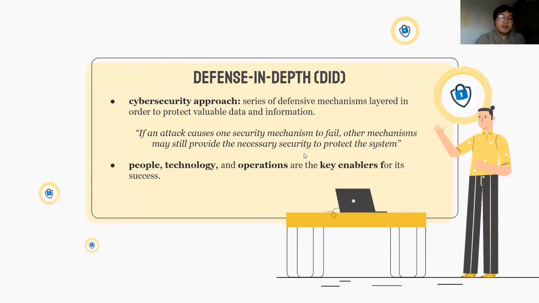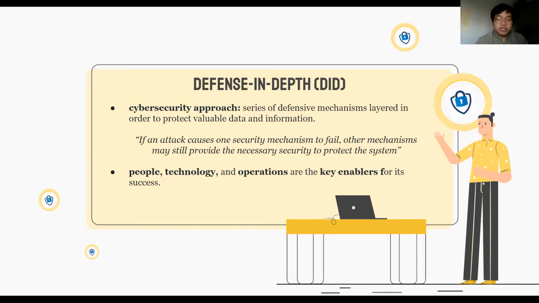To start with, let's discuss what defense in depth first is. Okay, defense in depth is basically a series of defensive mechanisms layered in order to protect valuable data and information. This is actually an approach wherein if one mechanism fails, another steps out immediately to mitigate or thwart an attack.